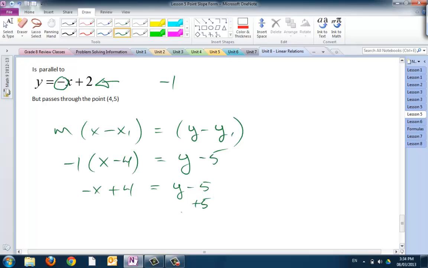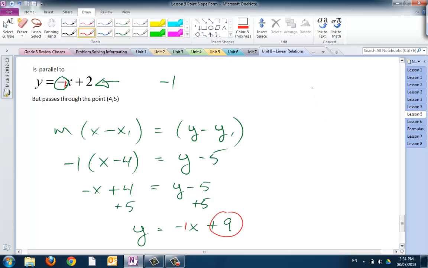I add 5 to both sides, and I get y is equal to negative x plus 9. And when you look at these two, there's the same slope right in there, the little implied negative 1 that I had up here. And it just has a different y-intercept value.